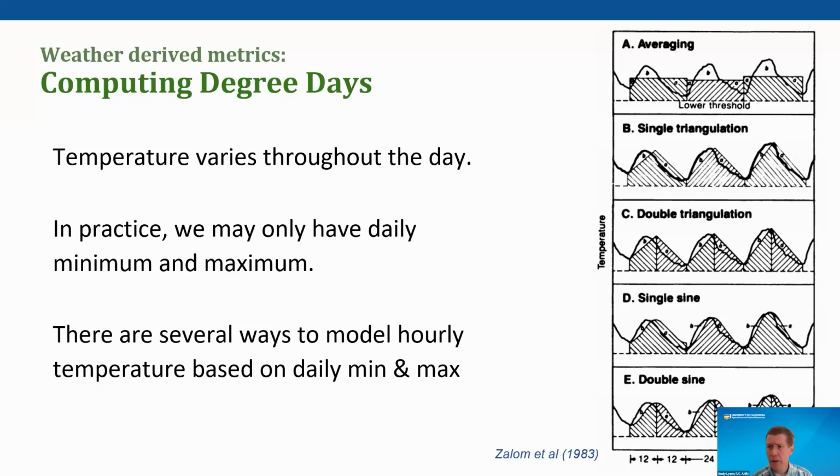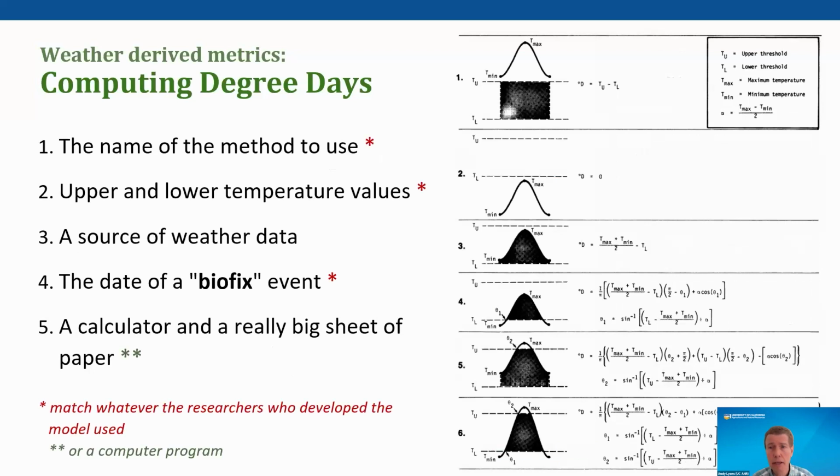You might think, why are there so many? Does it really make a difference? Researchers over the decades have tried to find the best ways, and when they publish their work, some researchers say what fit our data best, or gave the best prediction, was the double triangle method. Then you have to use that if you want to use their predictions from their model. So this is the essence of it.